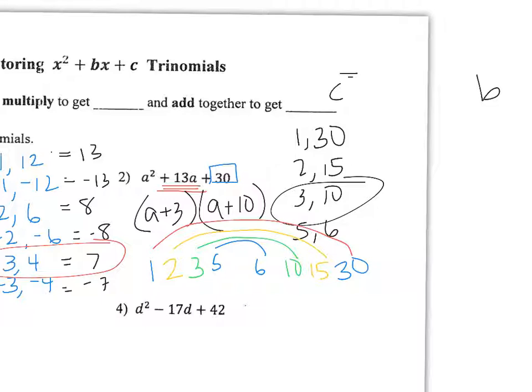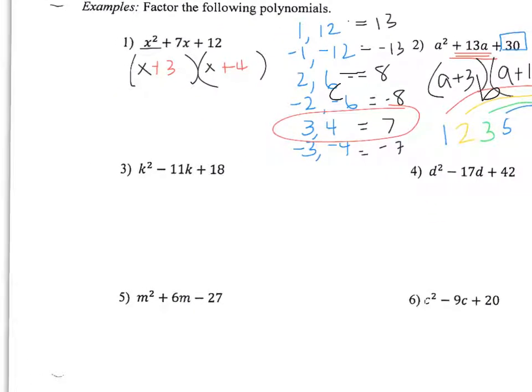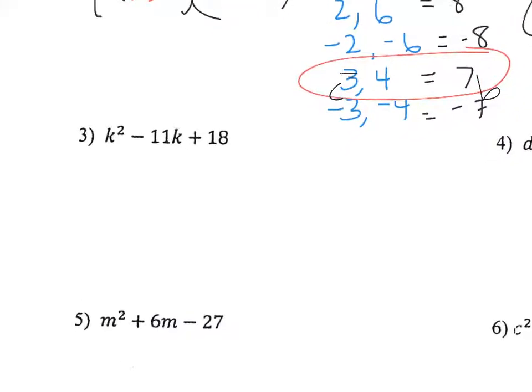So, next one, number 3. k squared minus 11k plus 18. So I'm going to do k and k. I want to find factors of 18 that add up to 11.